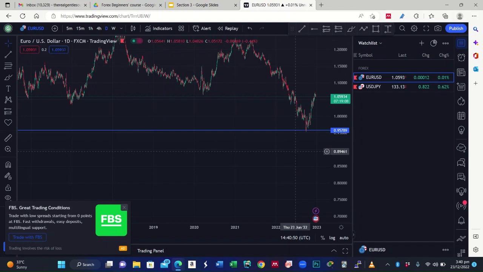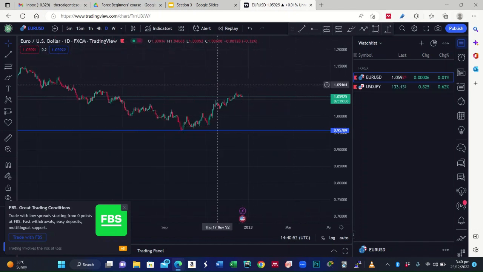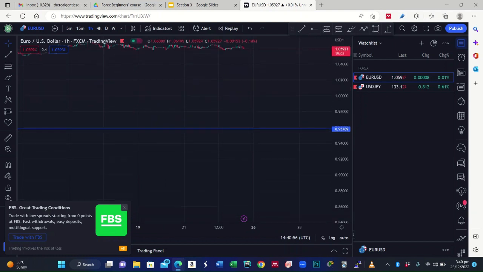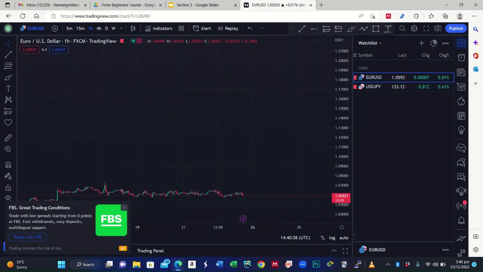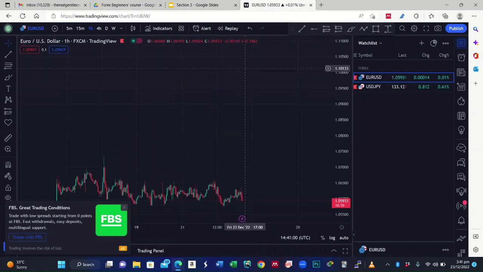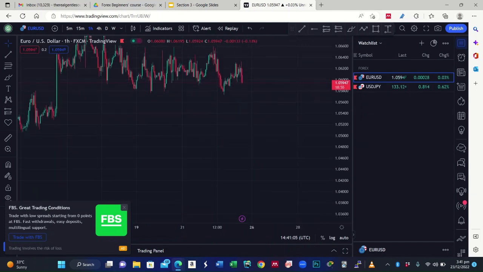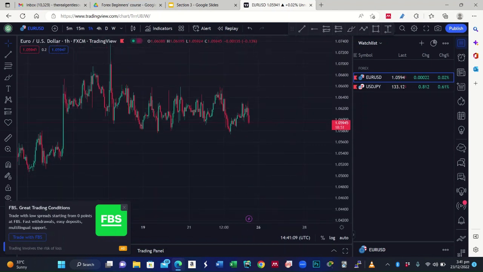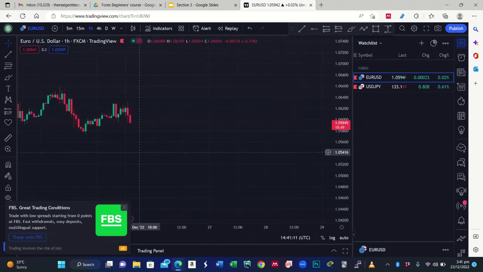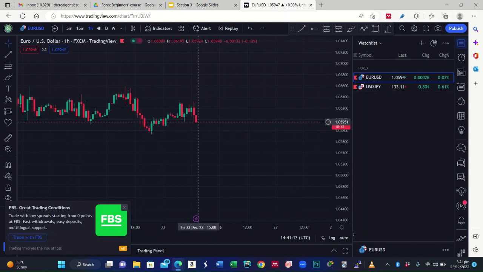Let us use EUR/USD as an example. You can see this is the 1 hour time frame, and you can see a lot of green and red candles. If we look at this current candle, you can see it is a bearish candle.